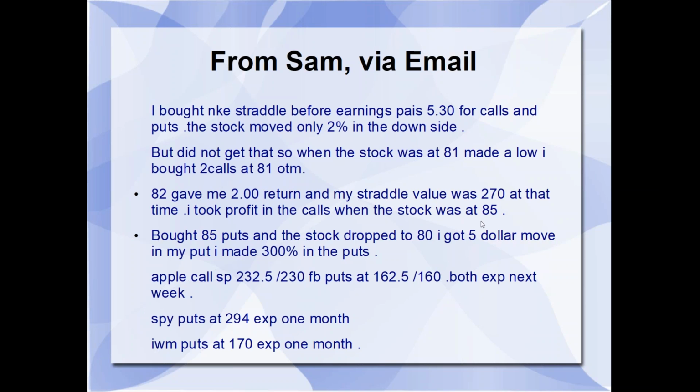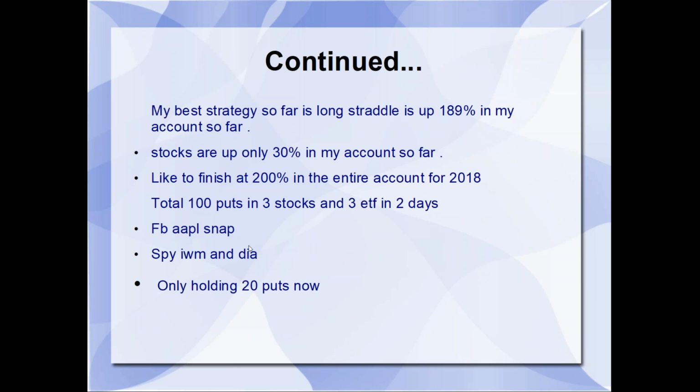He took profit on the calls when the stock was at 85, and then he bought puts. Okay, so he's moving in and out of calls and puts and holding calls and puts at the same time based on the movement of the position. He's not just putting on a straddle and hoping it's profitable based on the earnings. He's trying to manage them effectively to get to a profit.